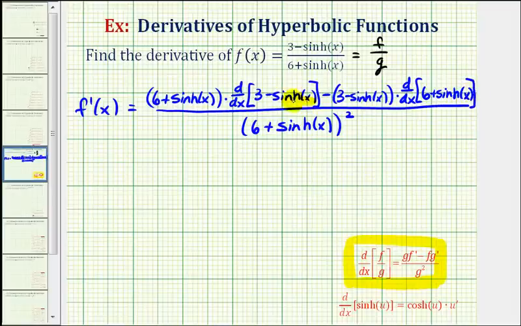Now we'll find the derivative here and here, and then begin to simplify.